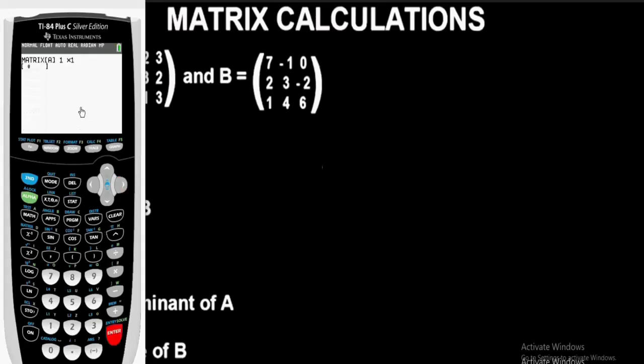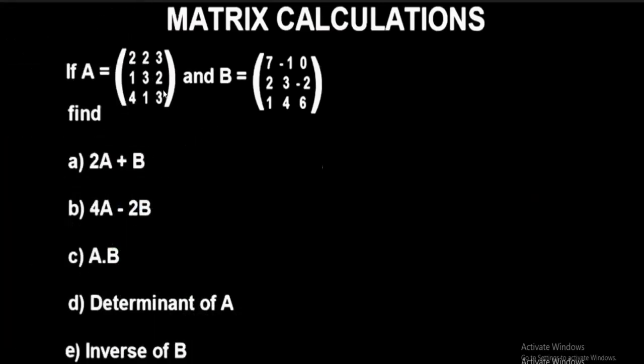Alright, so you give your matrix an order. The first value is for the rows of the matrix. In this mat A, we have 3 rows. The row is the horizontal axis, whereas the column is the vertical axis. So we have 3 rows here: the first row, the second row, and the third row.